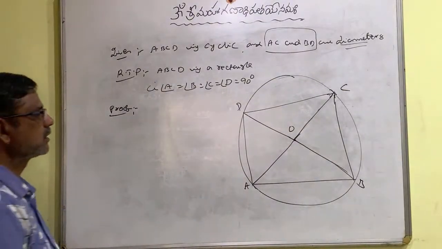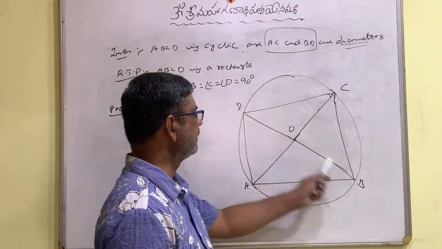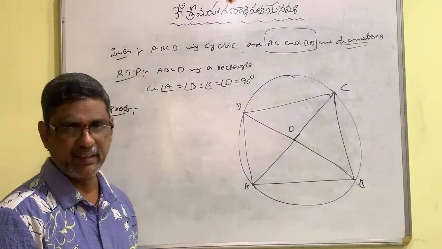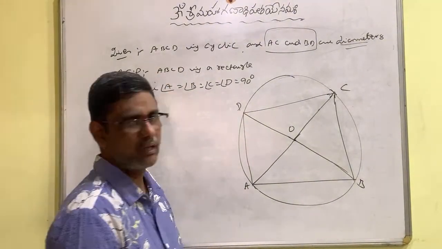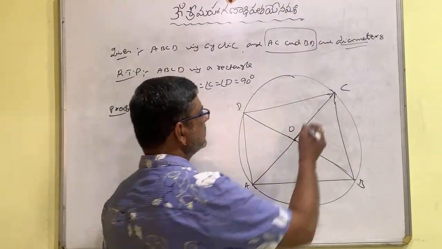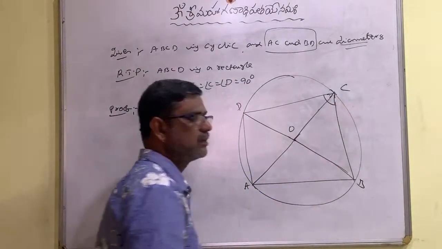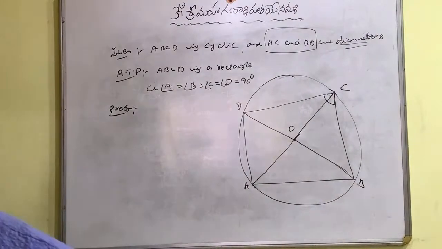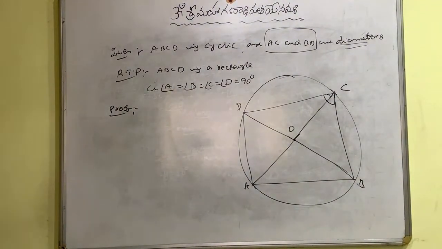Okay, consider diagonal BD. BD is a diameter, na? And what is this angle? What do we call angle BCD or angle C?